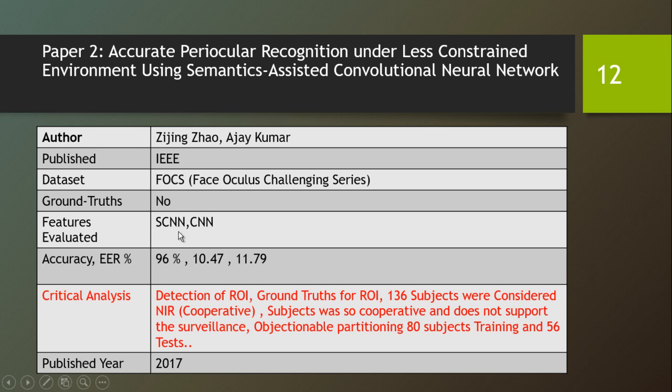Feature evaluation was done with SCNN and convolutional neural networks. The evaluation criterion which they used is equal error rate, and they got 96% accuracy upon correct recognition, and the equal error rate was varying from 10 to 11.